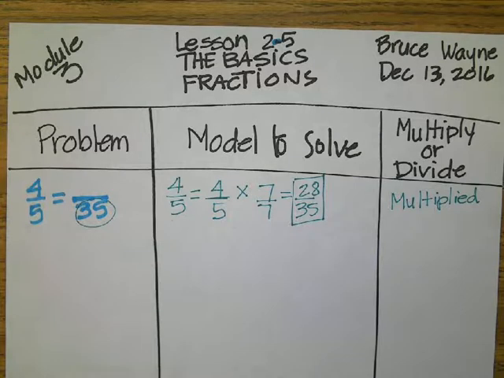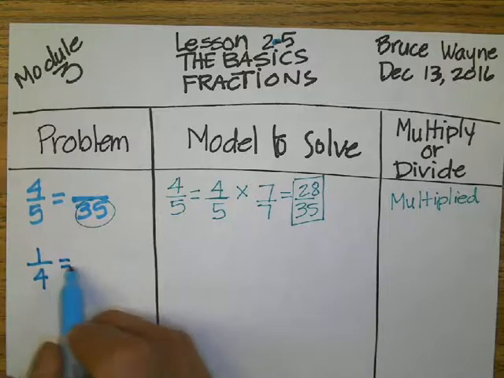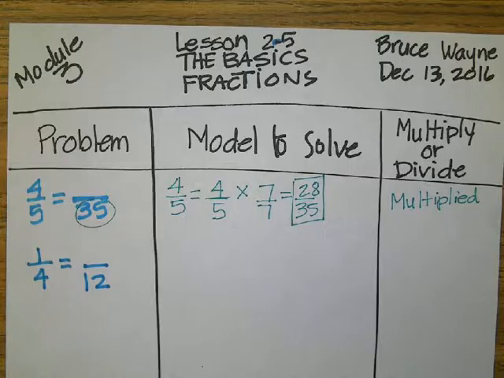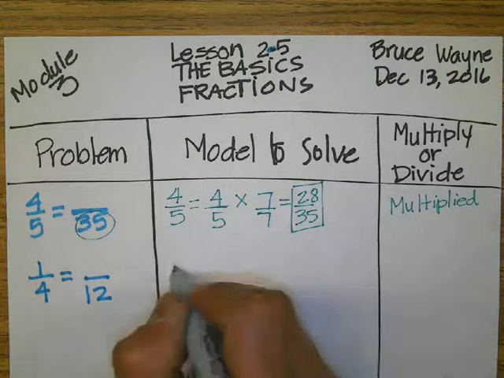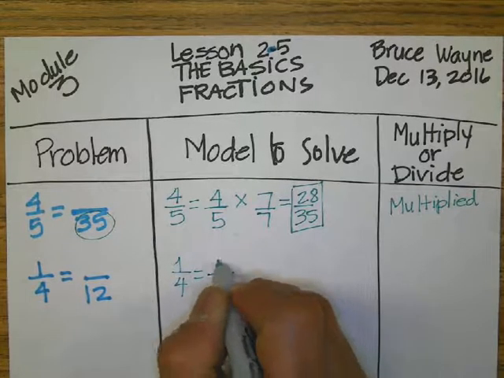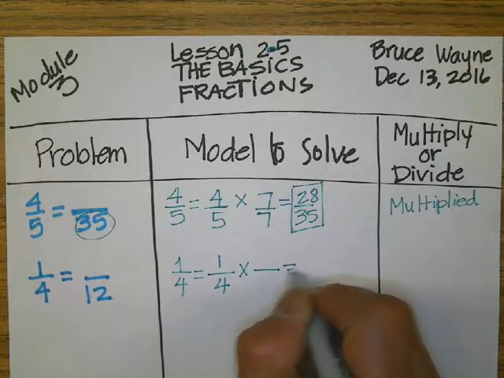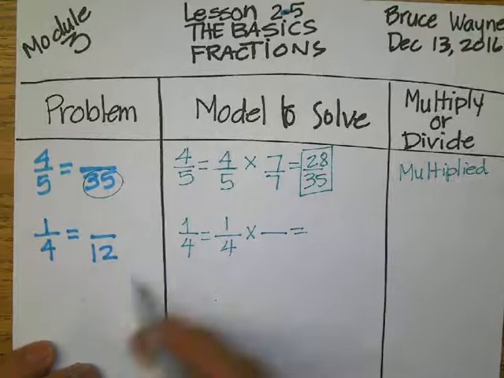Okay, let's do another problem similar to that one. Let's say we have 1/4 equals blank over 12. Correct? All right, let's apply the same technique. We have 1/4, and this is going to be equal to 1/4 times a number that will yield the number 12 that has been given to us as a clue, my friends.